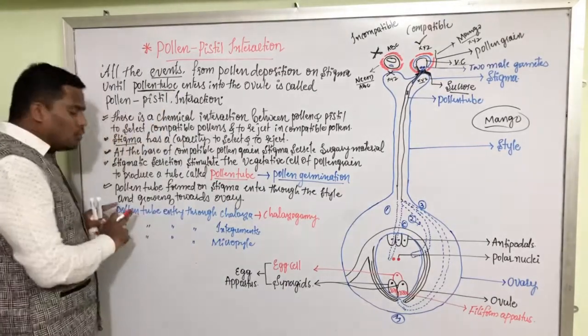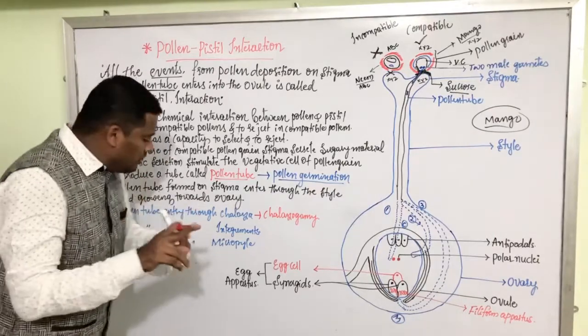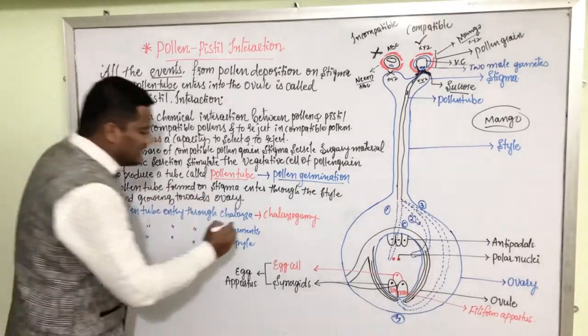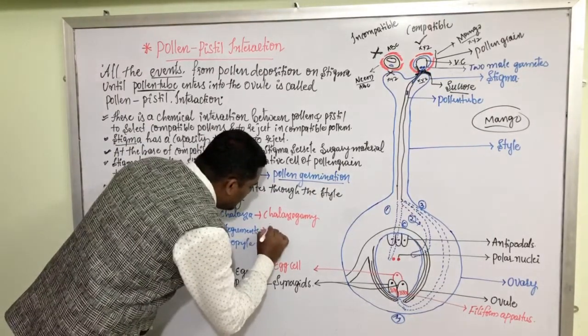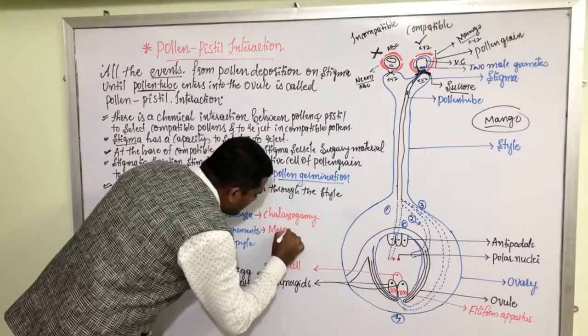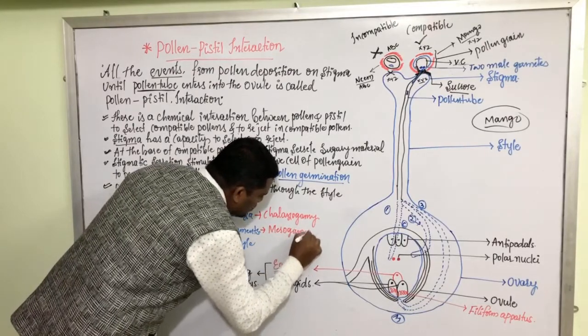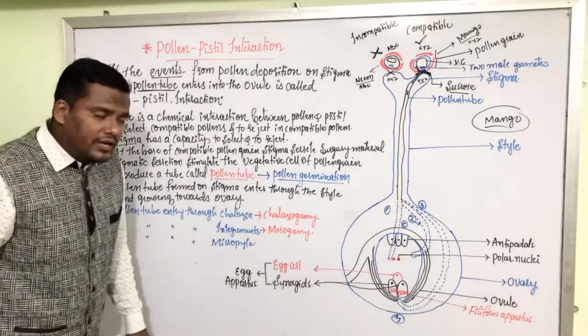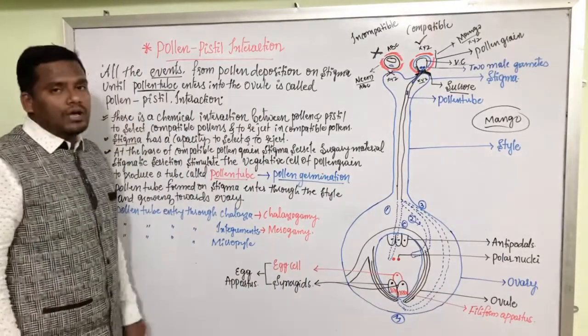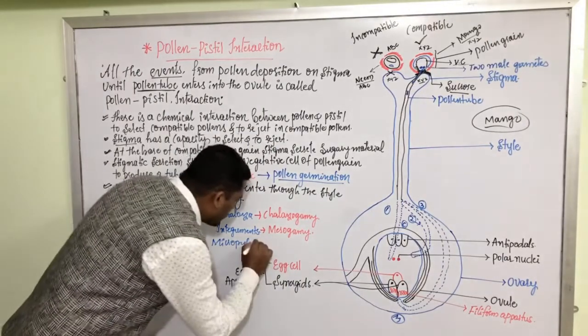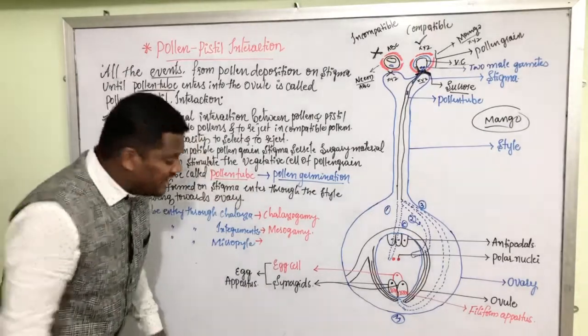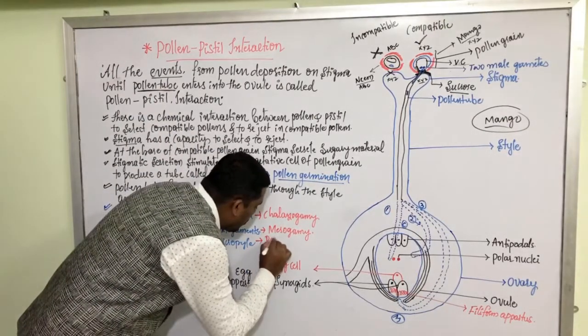If the pollen tube enters the ovule through the integuments, then it is called as mesogamy. If the pollen tube enters into the ovule through the micropylar end, then it is called as porogamy.